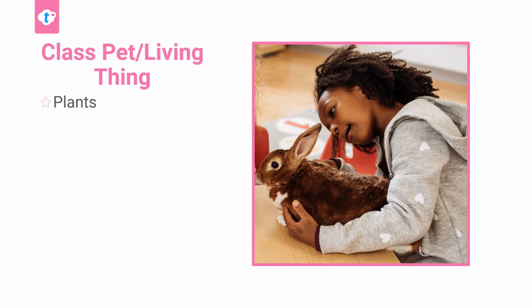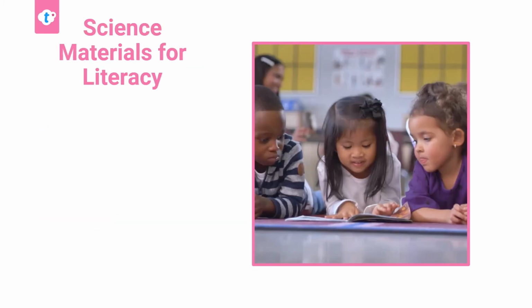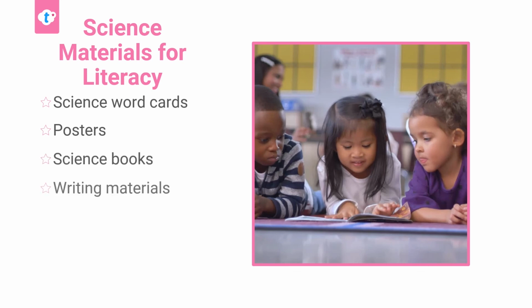Or small, low-maintenance animals such as a fish, guinea pig, rabbit, or bearded dragon. To promote literacy in the Science Center, add science word cards, posters, science books, and writing materials.